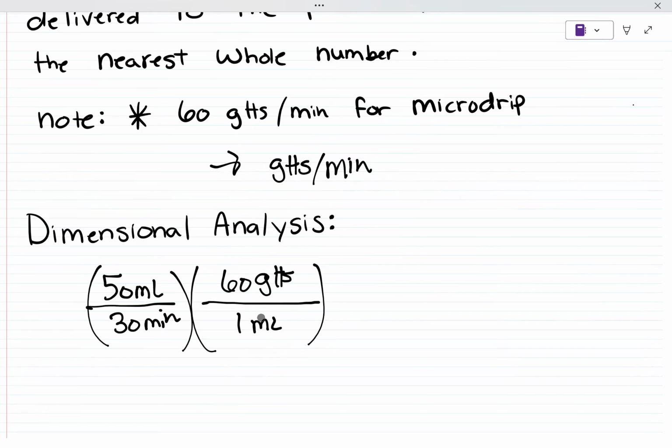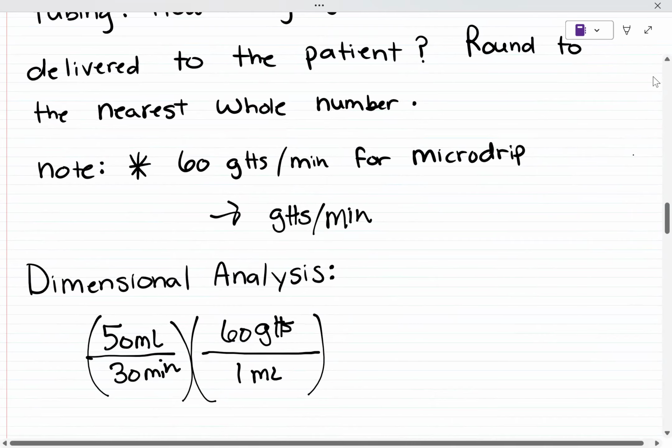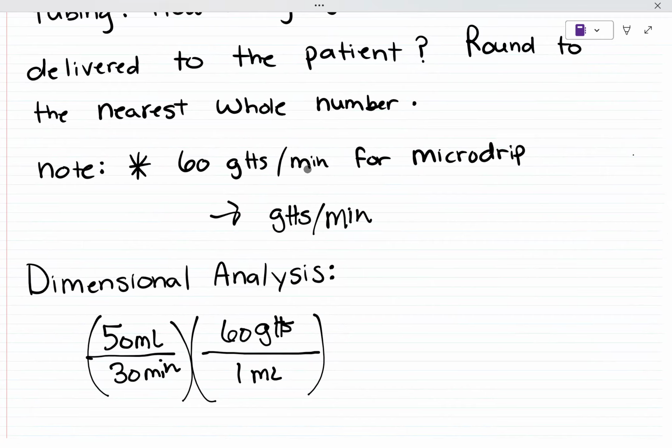For 1 milliliter, it was 60 GTT. This right here should have been 60 drops per milliliter, not minutes.